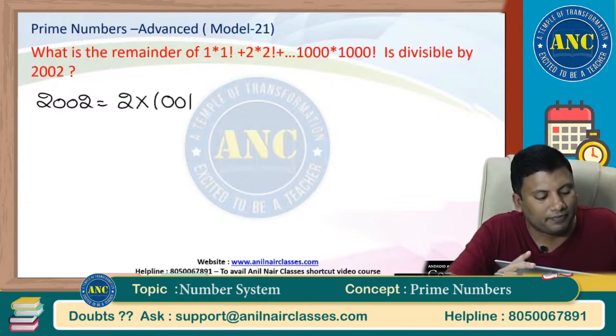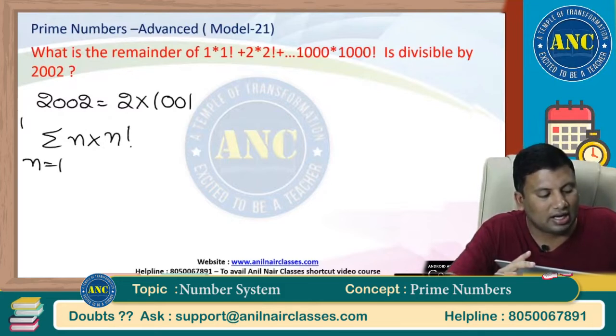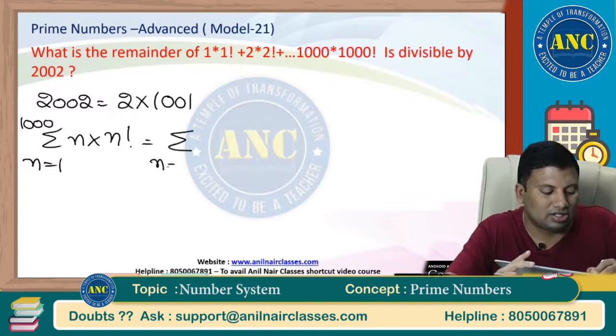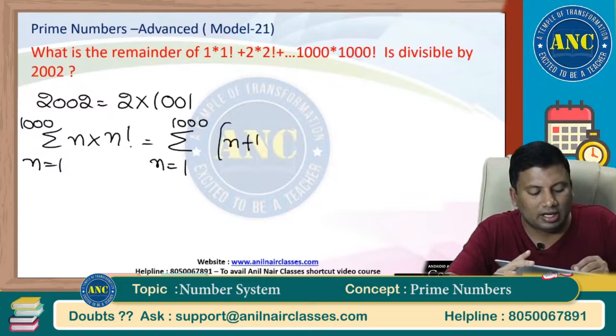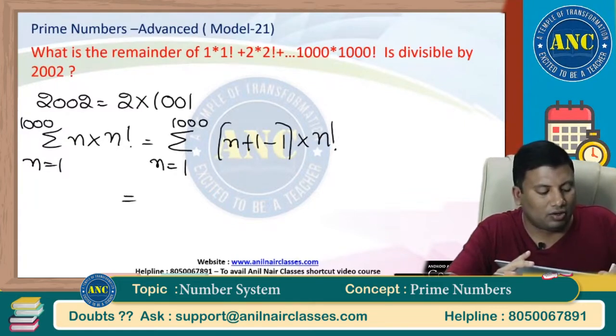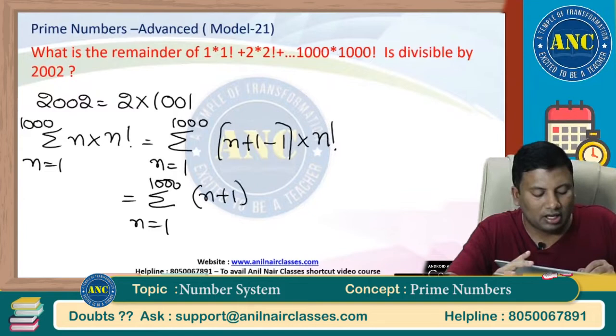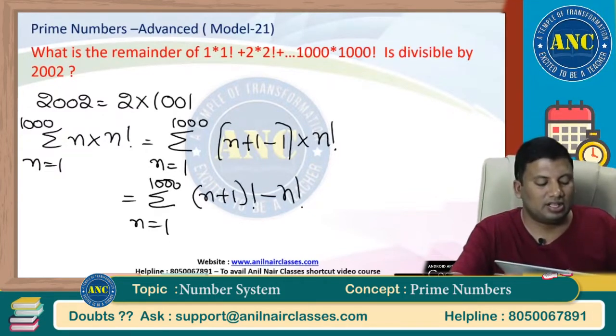First step: this is summation of n into n factorial, n ranging from 1 to 1000. n can be written as n plus 1 minus 1, so n into n factorial is n plus 1 into n factorial, which is n plus 1 factorial minus n factorial.